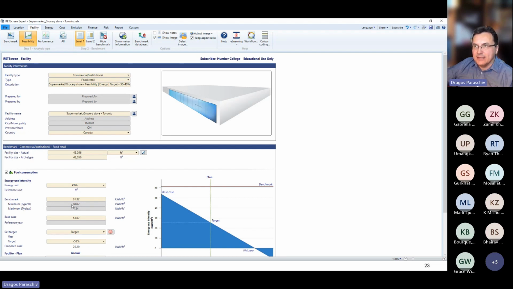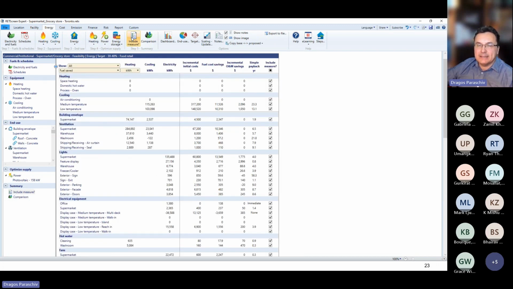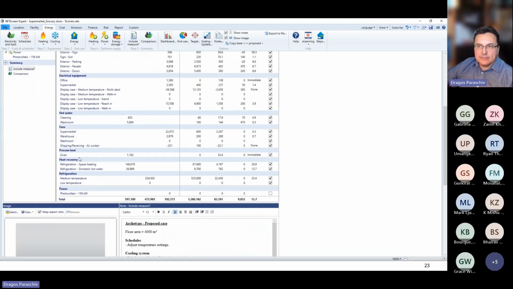So the target in this case was aiming for 30–40%, and we used the feasibility analysis for identifying ways to get to our target. For that reason, in the project here, we built an energy model. This is basically calculating the end uses by system category. We have the building envelope, ventilation, lighting, electrical equipment, hot water, fans, process, heat recovery.